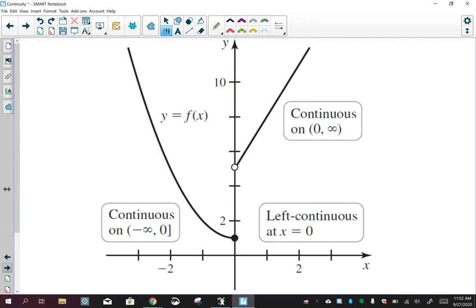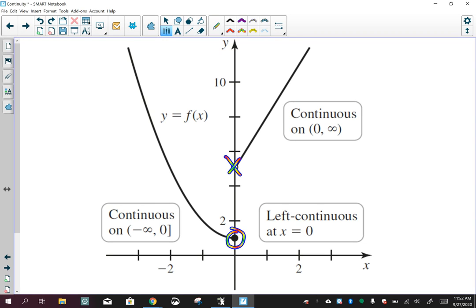So if I'm looking at this graph here and I want to talk about my continuity, because this is what's going to happen. You're going to be given a graph and it's going to say discuss the continuity on this graph. This is what I'm looking for. I know that, okay, I'm defined here at this point. I'm not defined here at that point.